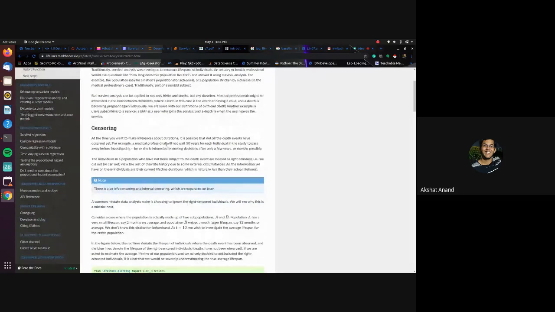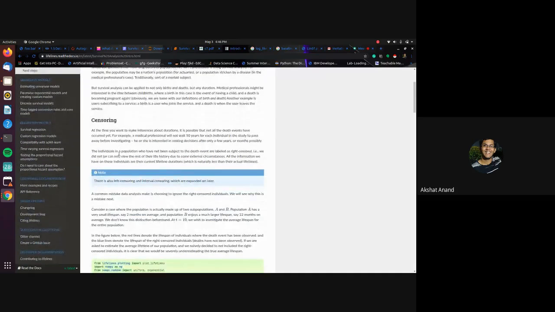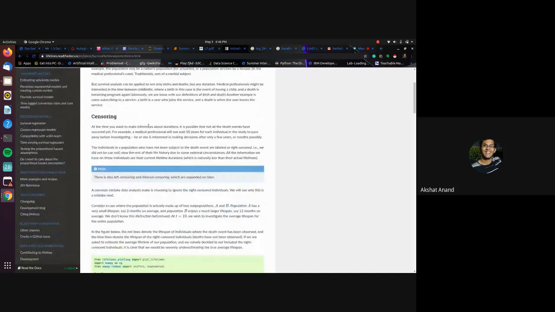And now we come to censoring. What is censoring? At the time when we make inferences during the derivations, it is possible that not all the death events have occurred yet.